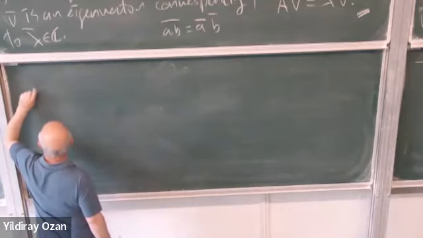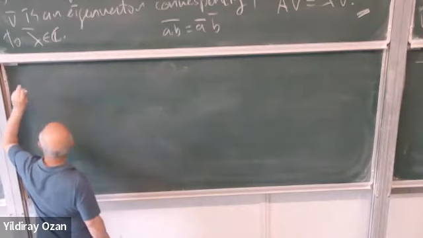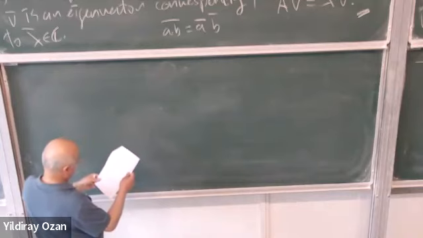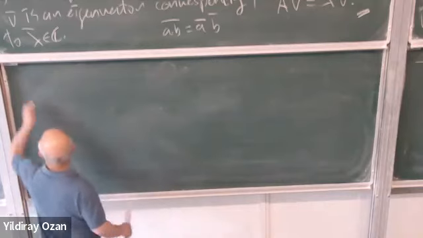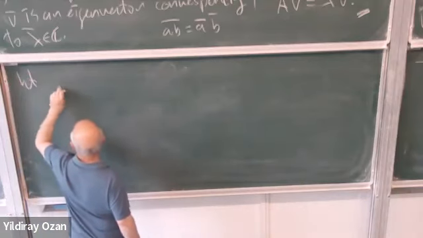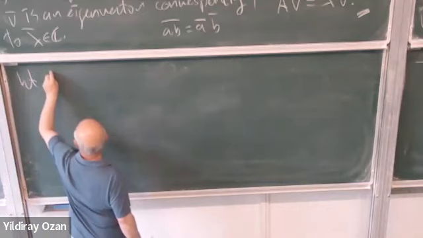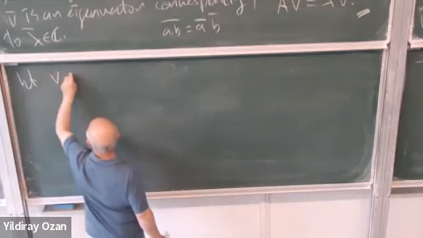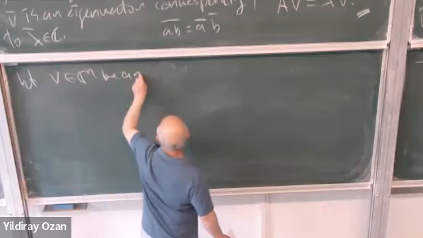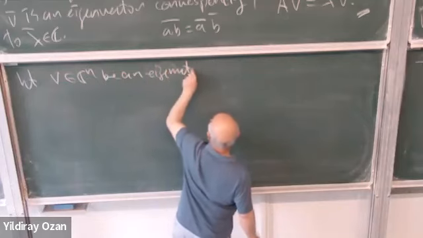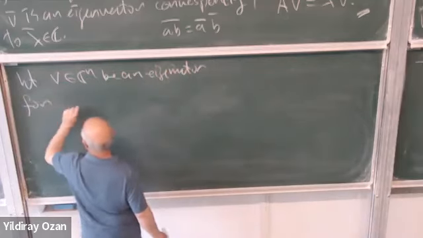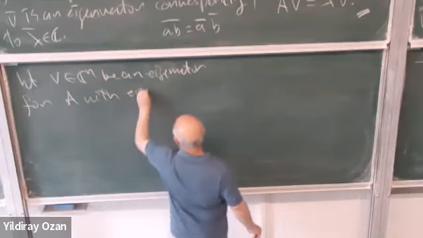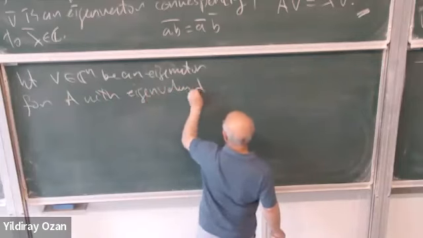Now, we continue. Let B be an eigenvector for its eigenvalue lambda.